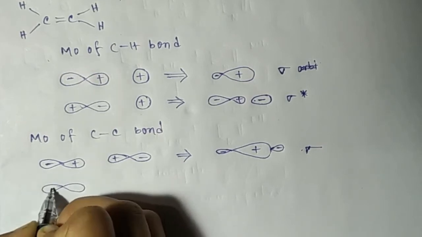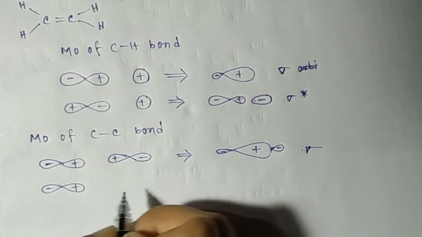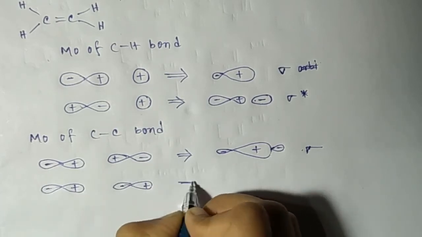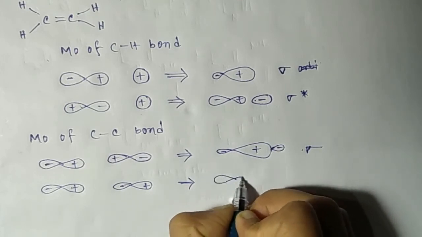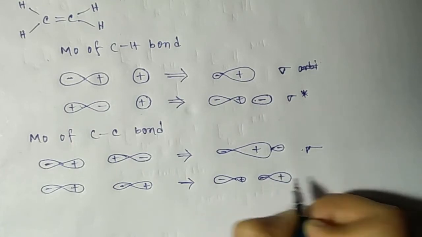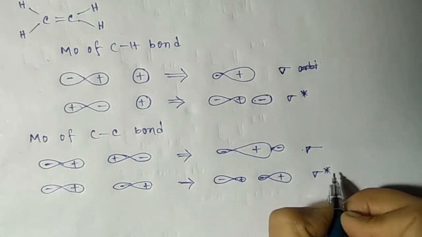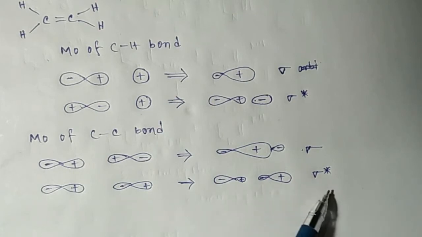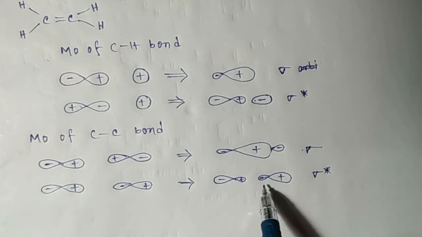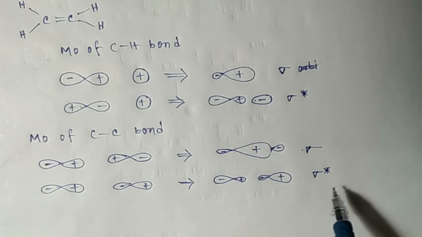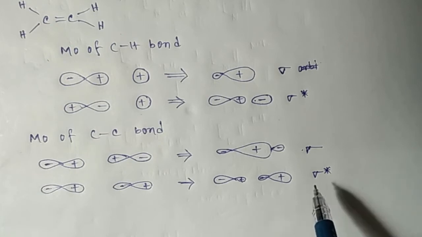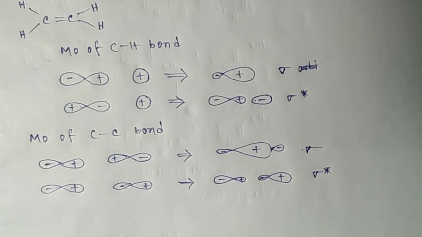And when they overlap in out of phase condition, they produce this one. This is called the sigma star molecular orbital, and this is antibonding again. This is due to the electronic repulsion. The two orbitals are distantly present, and due to the high energy, this is called the sigma star antibonding molecular orbital.